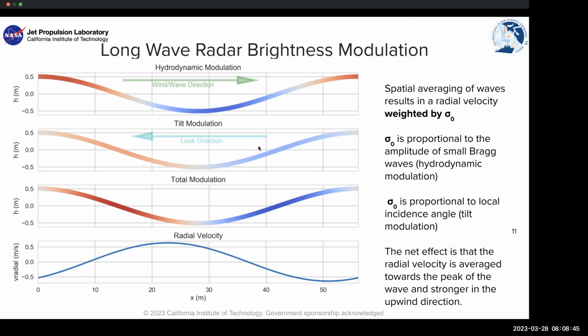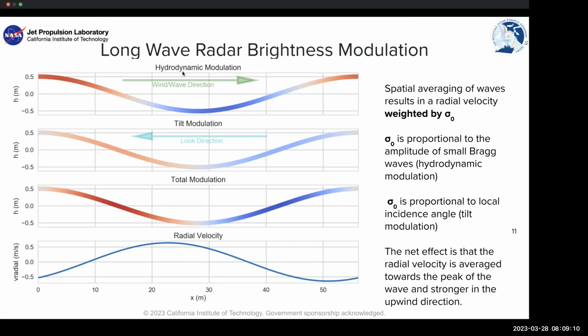strength of the signal is weighted by how bright that part of the wave is. And the waves are not uniformly bright. They change brightness for a large reason. So here, schematically, I have a large-scale wave, and the wind and wave direction are going to the right.